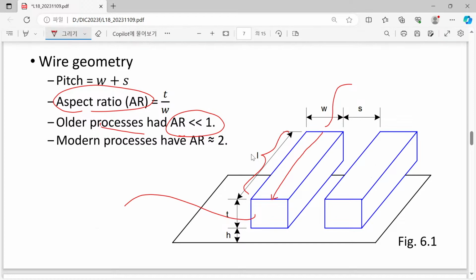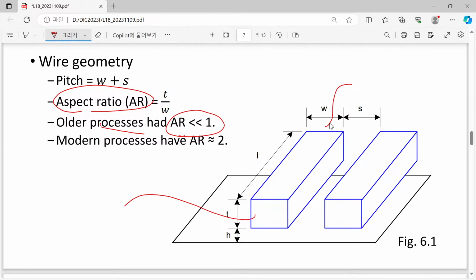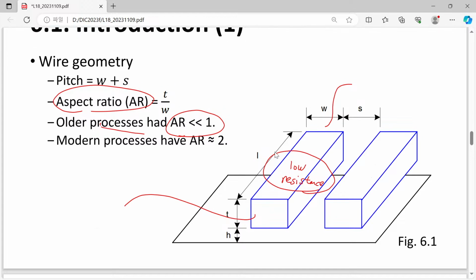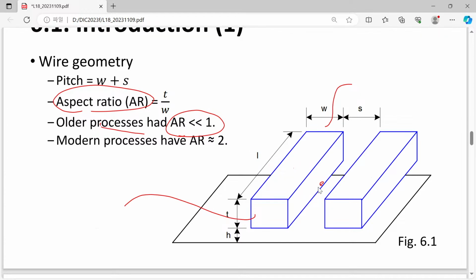The best way to have a small loss due to this metal line is quite easy: if we have a relatively low resistance, then we will have a low loss due to this metal line. It is quite simple, so low resistance is important. Then how can you reduce the resistance of this metal line?